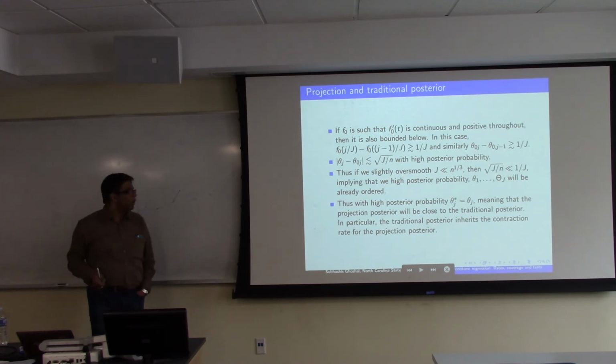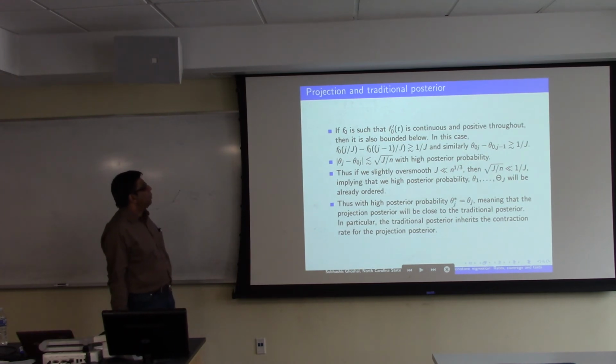So here the point is: how close are these two posteriors, the traditional posterior that follows the copybook and the one that we use, the projection posterior? Under some situations they are close.